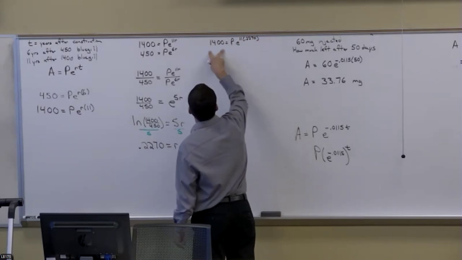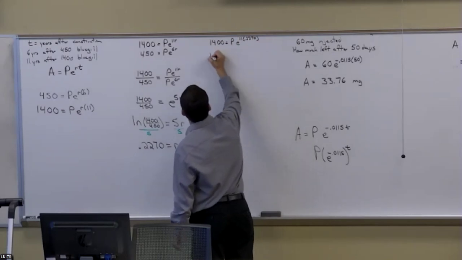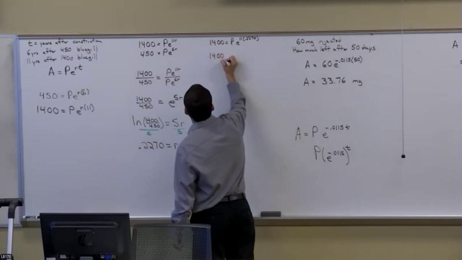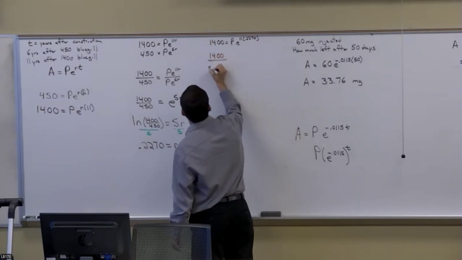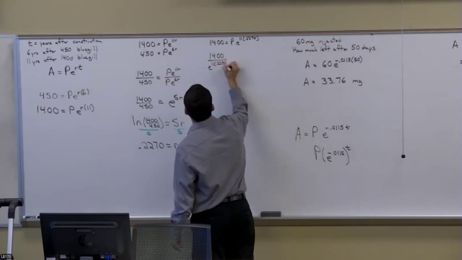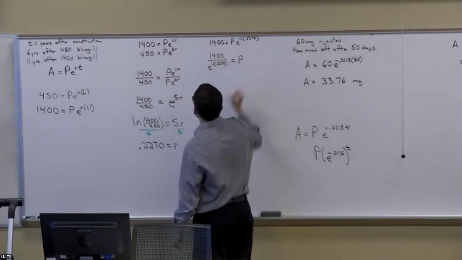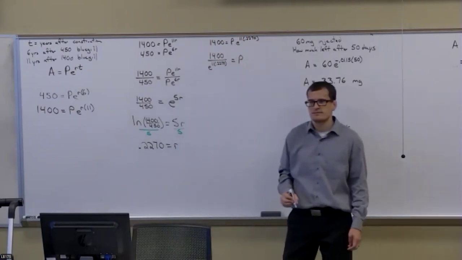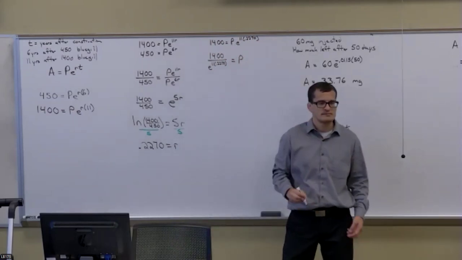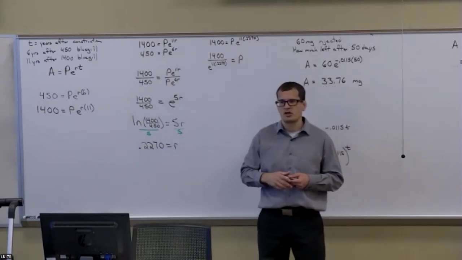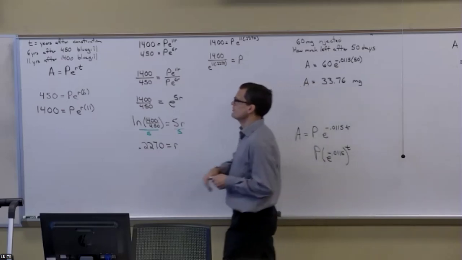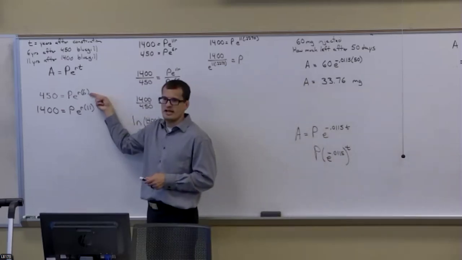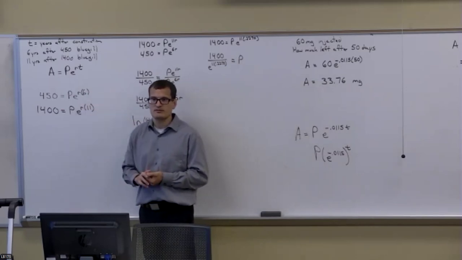So if I divide both sides by that number, I'll get my starting amount. You could have also used the other equation, and if you use the other equation, you should get the same starting amount.